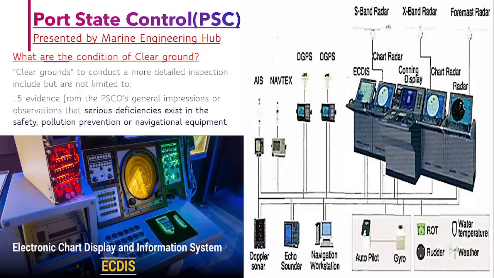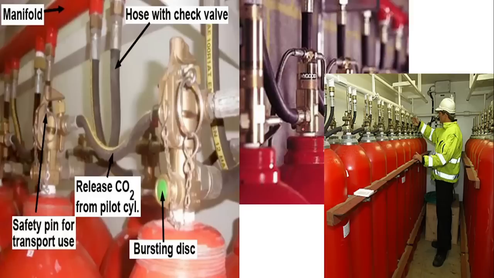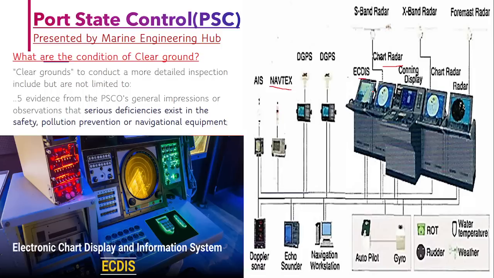Now, the fifth point says that if you have any deficiency in navigational equipment, suppose your NAVTEX, your ECDIS, or your radar is not working, and your backup is also not working, or pollution prevention equipment such as OWS, MARPOL, or safety equipment such as CO2, suppose the hose is cracked, or your pilot cylinder is not properly secured, or your gagging mechanism is not proper, in that case it clearly indicates a lapse in safety.